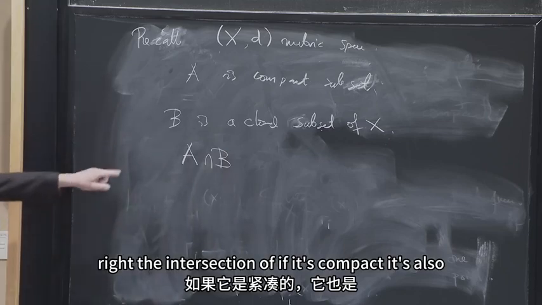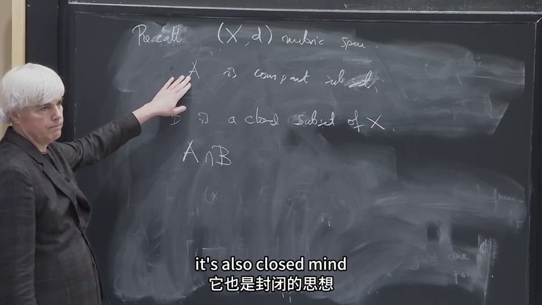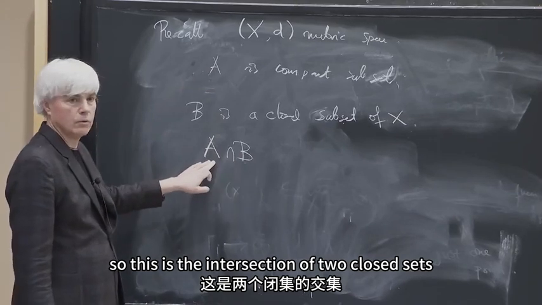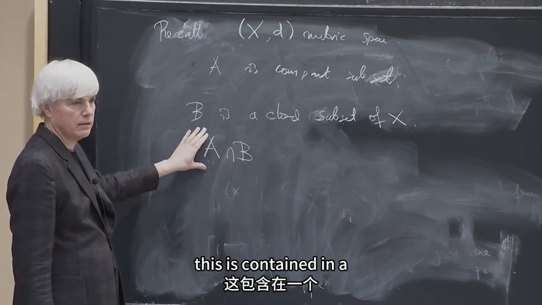If A is compact, it's also closed, right? We proved that. And so this is the intersection of two closed sets. So this is closed. This is contained in A.